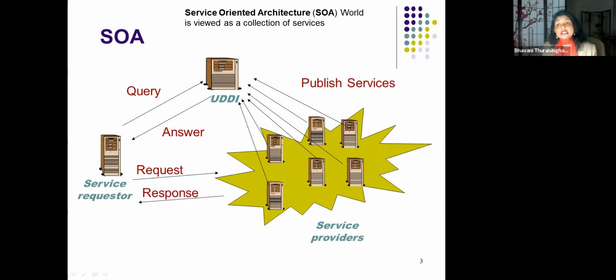Now, what's SOAP, the protocol? Remember, all the communication between service requester and the directory, the service requester and the service provider, and so on, has to follow a protocol. And that protocol is called SOAP. Earlier, it was Simple Object Access Protocol, but now we use this common name, SOAP.